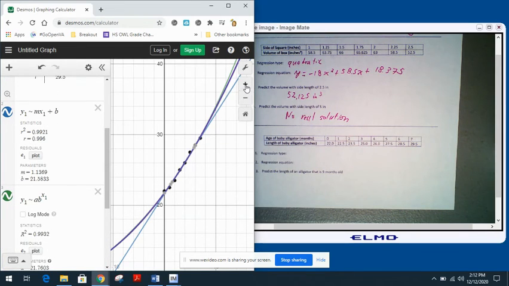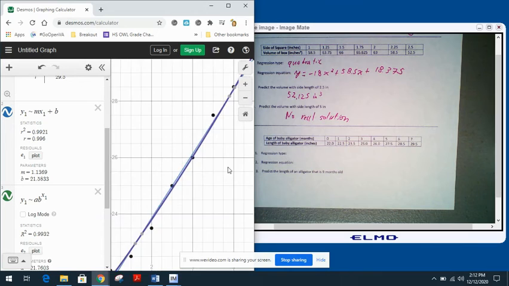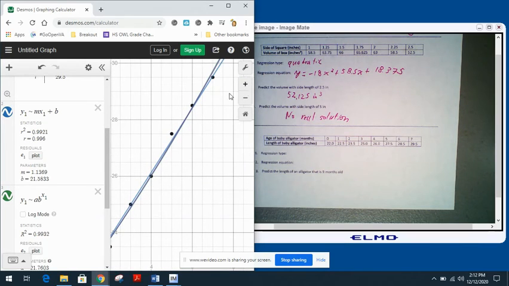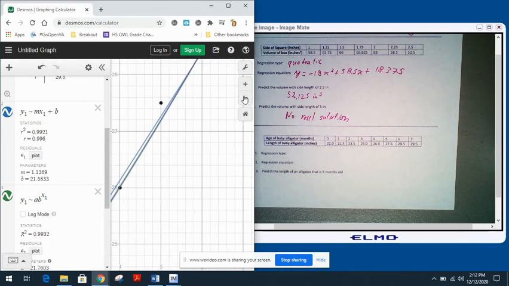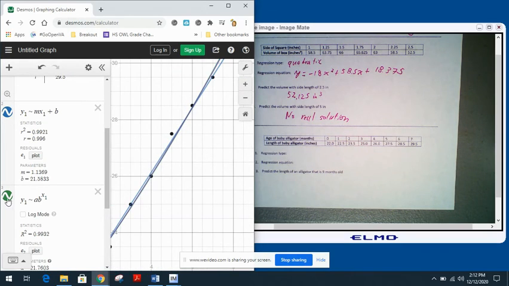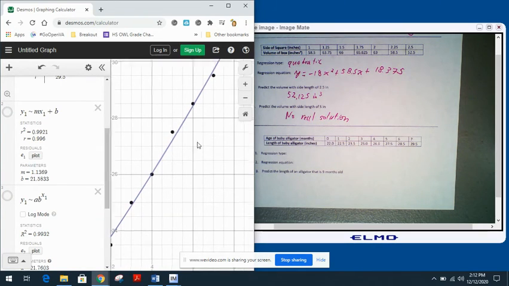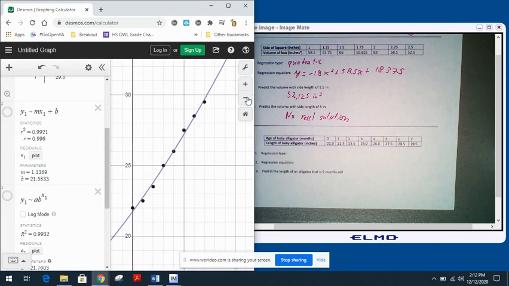But if you look at it, when we zoom in, so that's our quadratic, and we can see it's hitting some of our points exactly, and then close to a few.